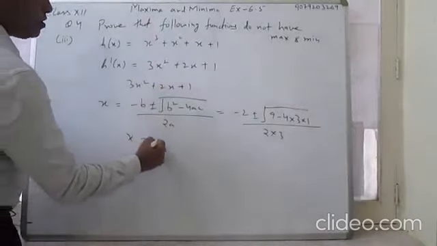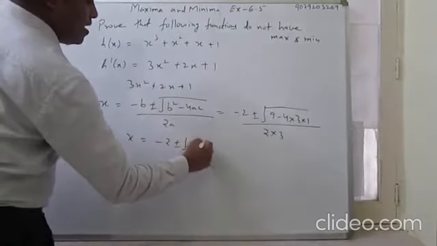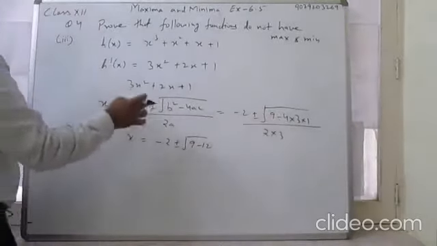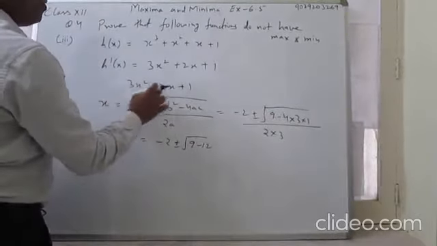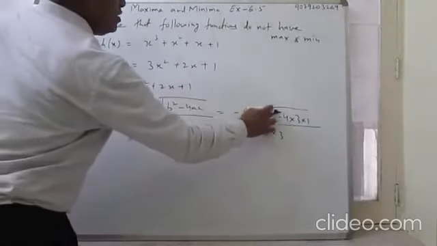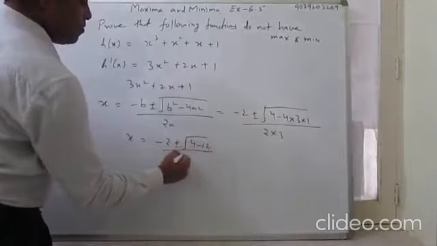So x is equal to minus 2 plus minus 4 minus 12 upon 6.